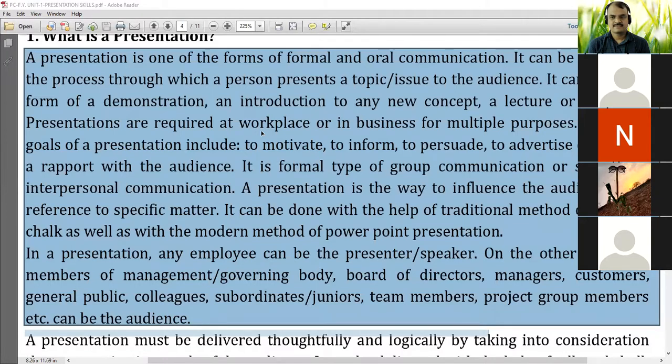On the other hand, the members of the management, governing body, directors, managers, customers, journalists, team members, project group members, etc. can be the attendees.